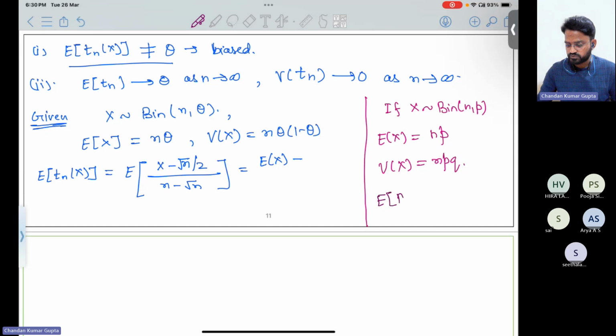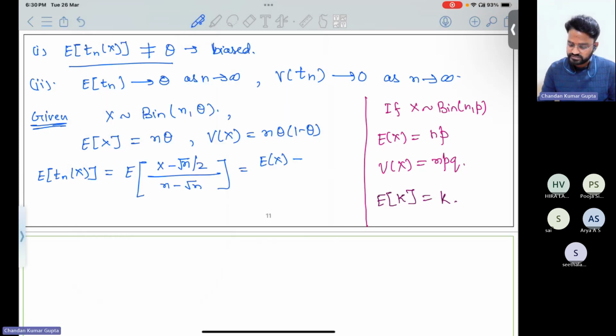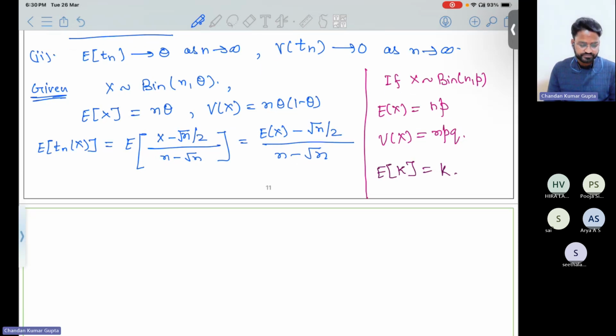Suppose A is a constant; the expected value of a constant is the constant itself. So we may take it like this, divided by n minus root n. Up to this point, it is clear, I think.